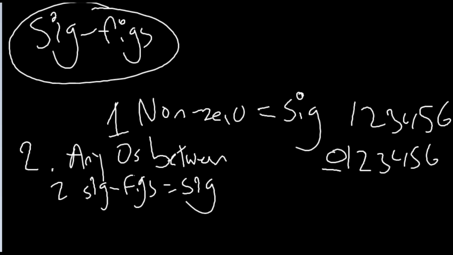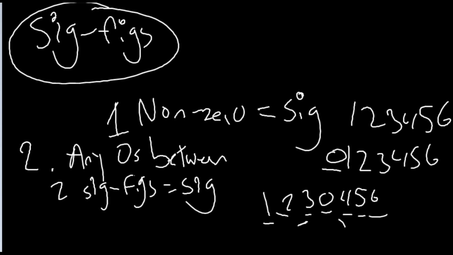So, let's go back to the number, for example, 1230456. In this number, we're going to have 7 significant figures because there are 6 non-zero digits and there's 1 zero that's between 2 significant digits, which is the 0 between the 3 and the 4. Therefore, we have 7.